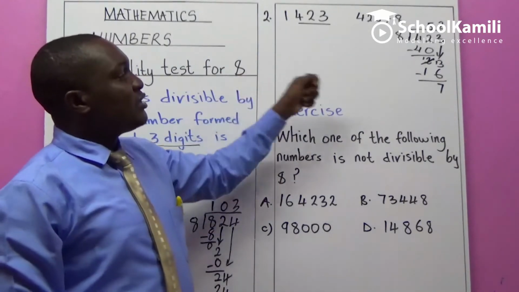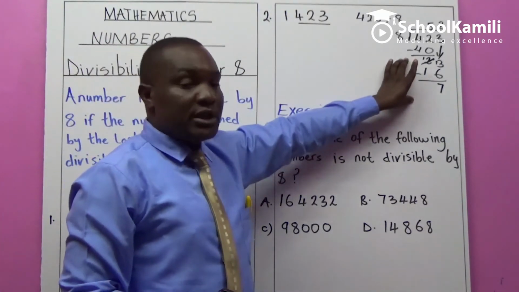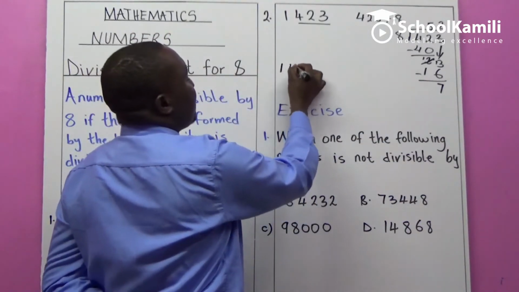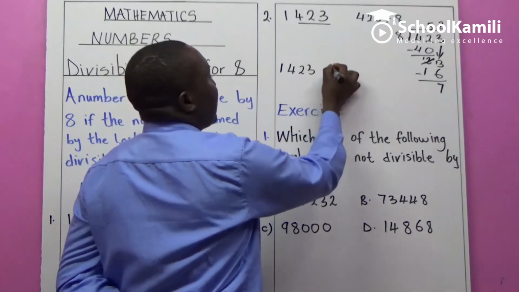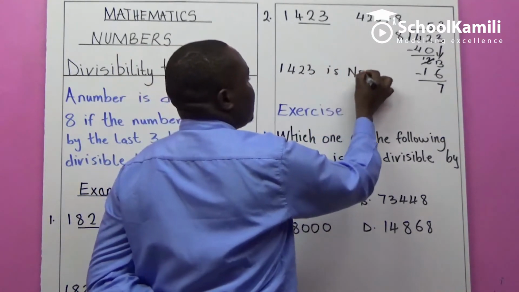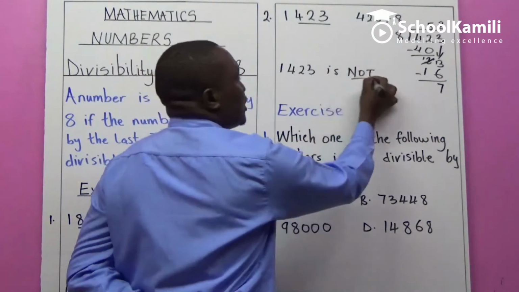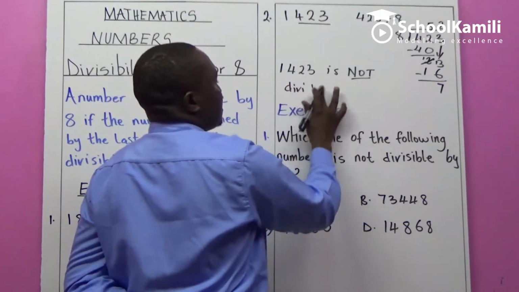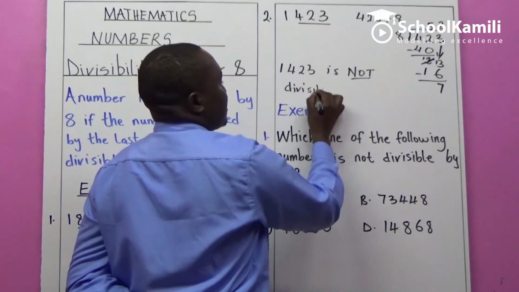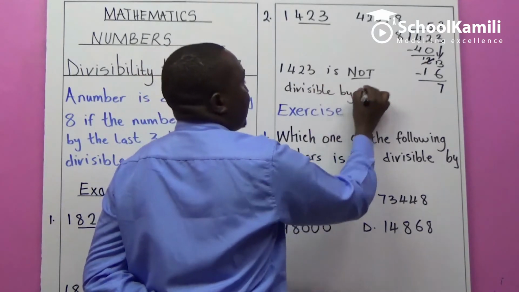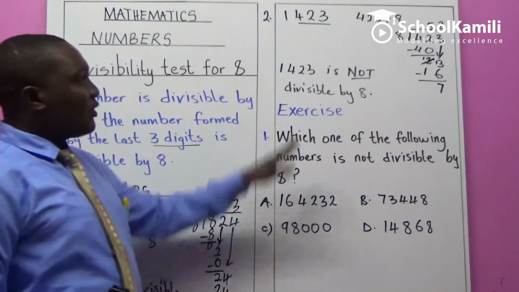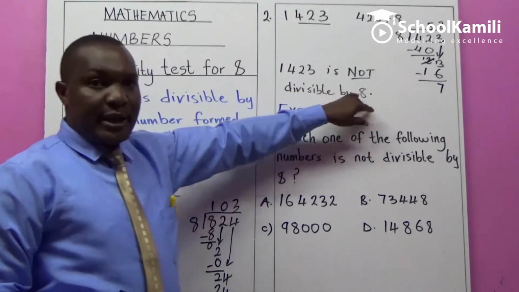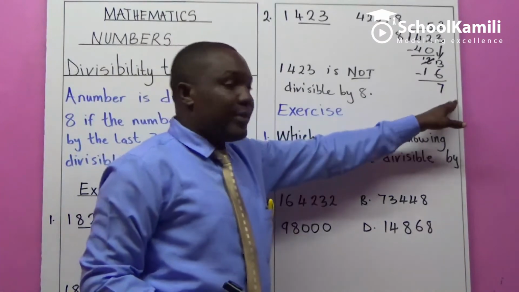Therefore, if it does not divide that number completely, we are having a remainder, then we will say 1423 is not divisible by 8. 1423 is not divisible by 8 because there is a remainder.